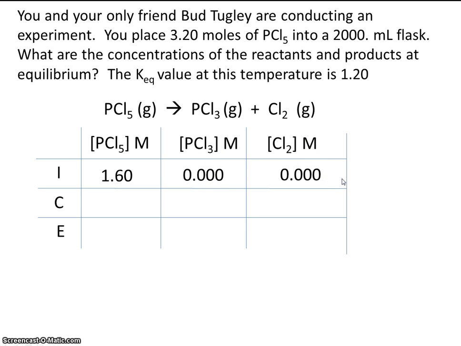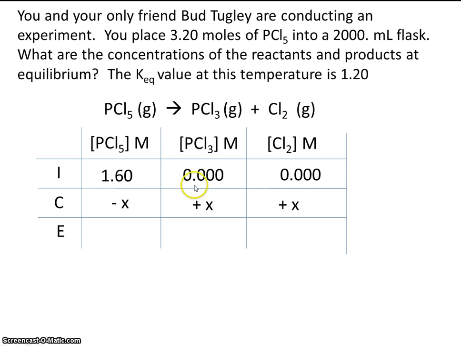Now, in any reaction, we can expect the concentration of the reactants to decrease and the concentration of the products to increase. We don't know by how much, so we're just going to call that x.